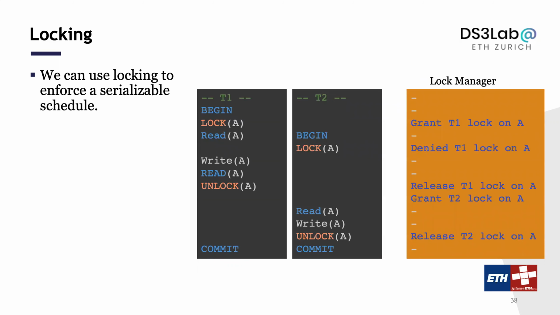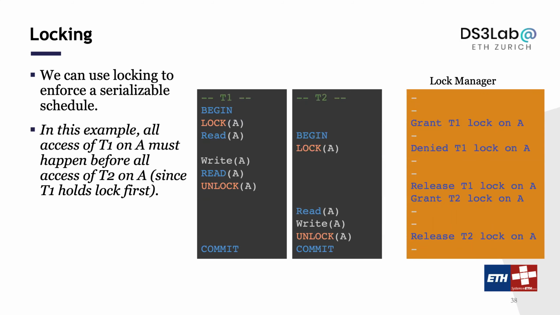So as we can see, we can use locking to enforce a serializable schedule. Let's look at this example. In this example, all the accesses of T1 on A must happen before all the accesses of T2 on A. Because in T1, before I want to read and write on A, I acquire a lock.